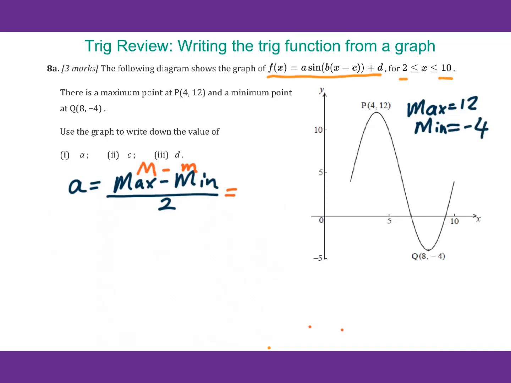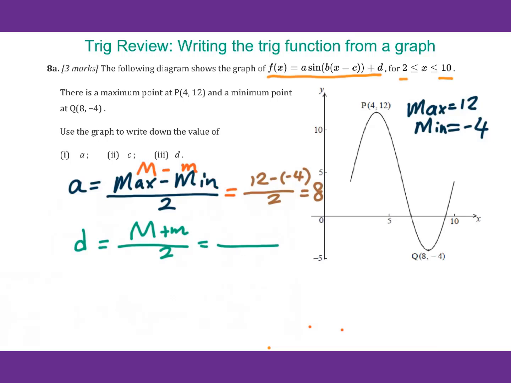So we plug in here, you will get 12 minus -4 over 2 equals 8. And d equals maximum plus minimum over 2. So we have 12 plus -4 over 2 equals 4. According to the given graph, we know this is a midline.